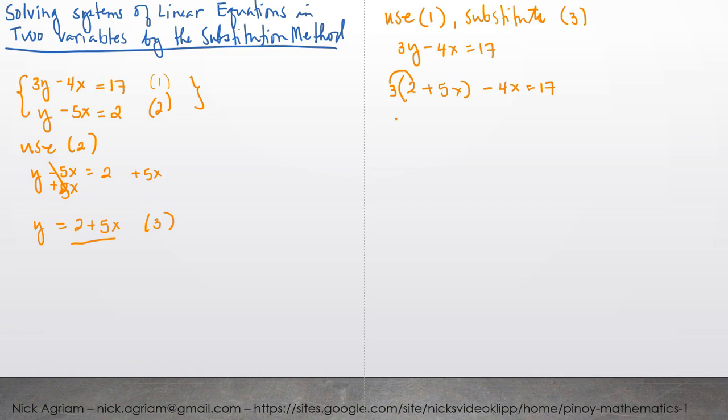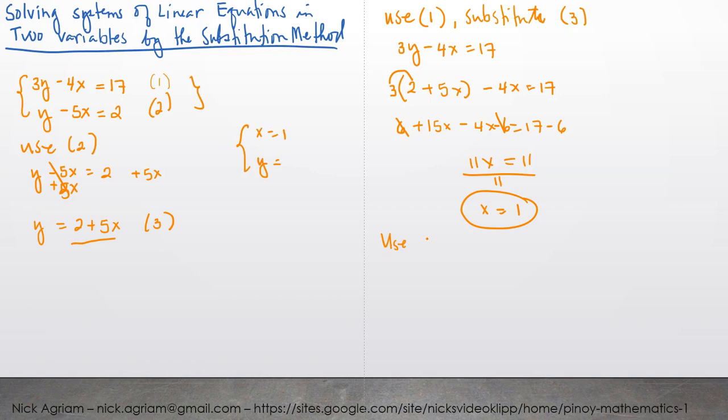We multiply to all the terms, so we have 6 plus 15x minus 4x is equal to 17. And then if I subtract both sides of the equation by 6, then I have 11 on the right hand side of the equation. This is 0 now, and 15x minus 4x is 11x. Dividing both sides of the equation by 11, we have x is equal to 1. So our answer here is x is equal to 1.